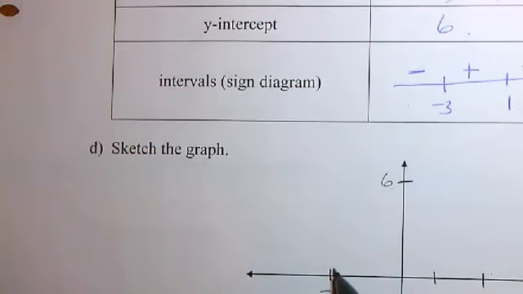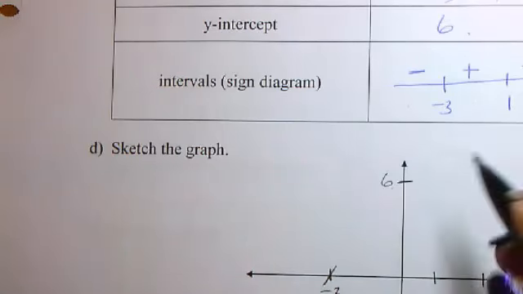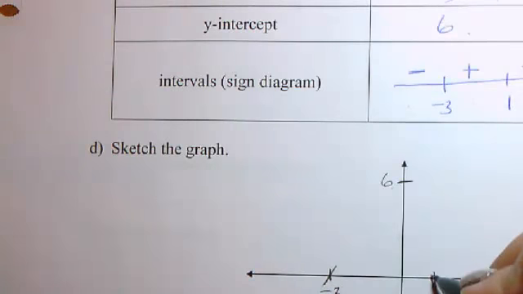So between here I'm going to go this way, and here it's going to go that way, a negative slope, because I'm going from a positive to a negative, and then from here I'm going from a negative to a positive, so it's going to end up looking like that.